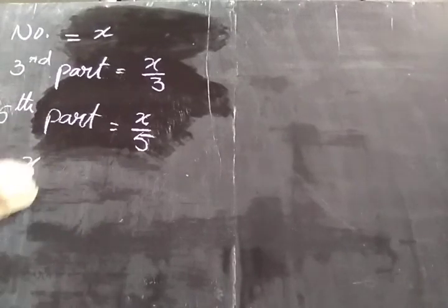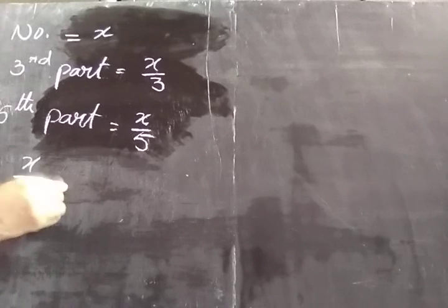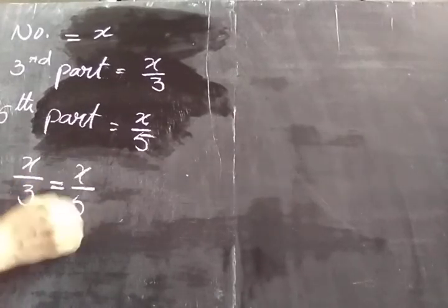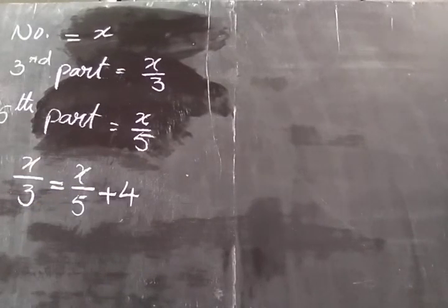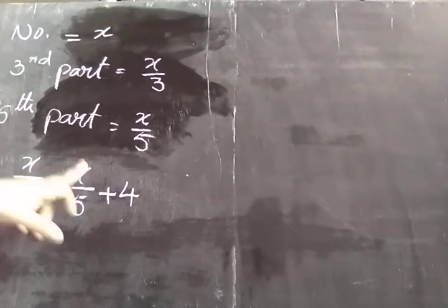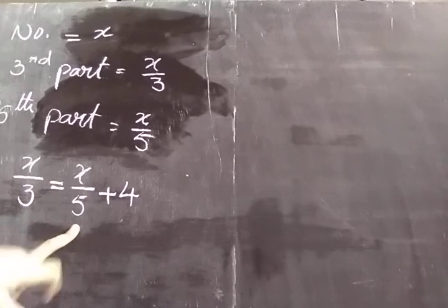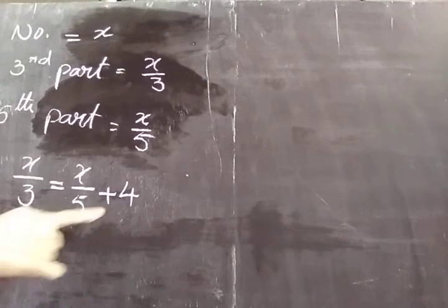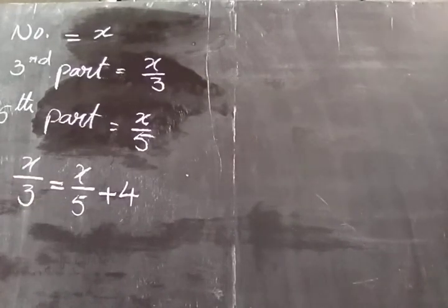So third part is equal to x by 5 plus 4. Third part is more than the fifth part by 4. So x by 3 is equal to x by 5 plus 4. Understood, children?